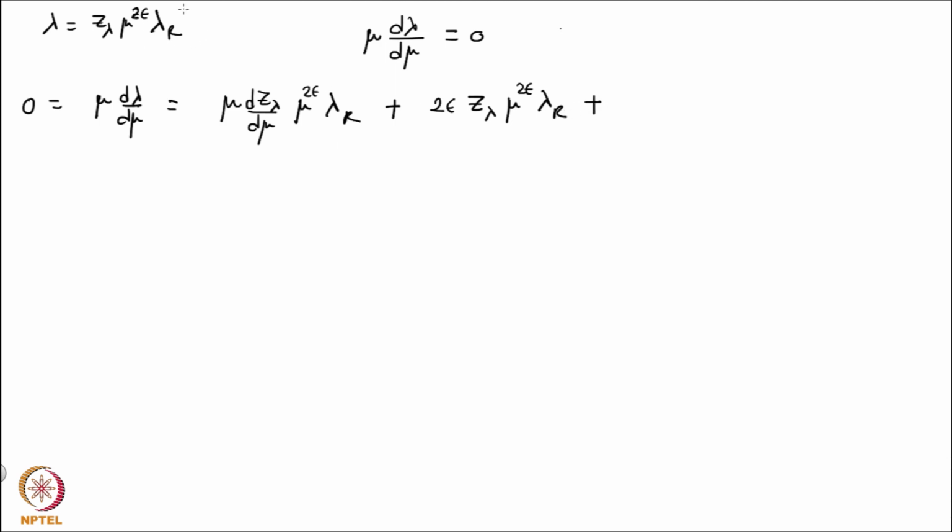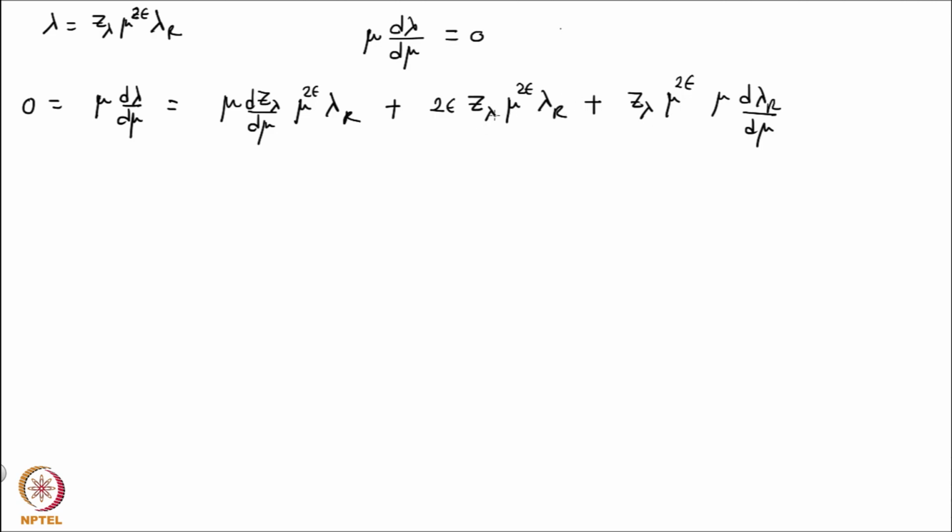And finally I differentiate lambda r. So I get z of lambda mu to the 2 epsilon and mu d lambda r over d mu. That's what I get.